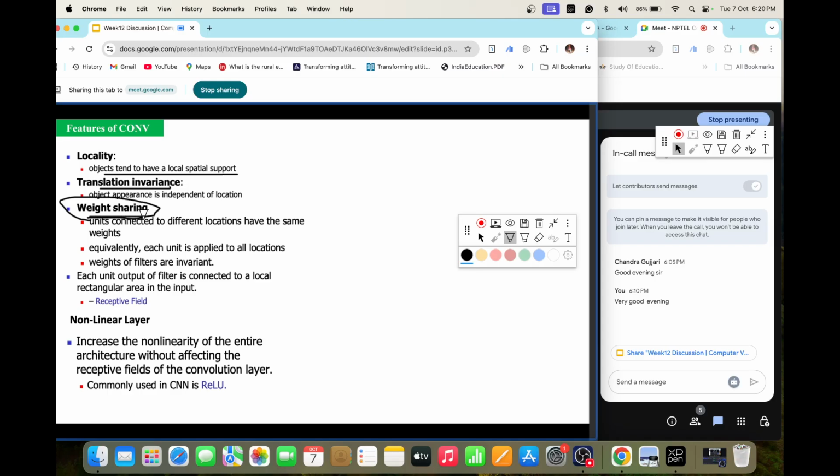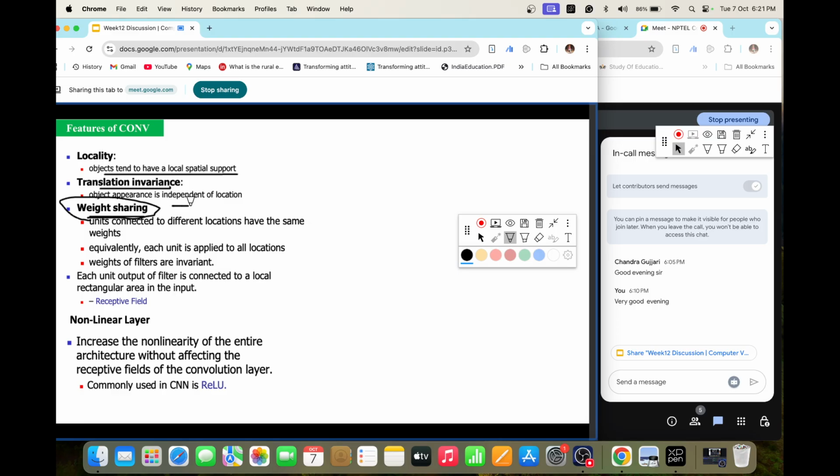As we are using the same filter again and again, just sliding it, that is known as weight sharing. Why are we doing weight sharing, why don't we have a separate filter for every part of the image? Because if we used so many filters for each part of the image, we would have so many dimensions, and we would over-predict, which we do not want.